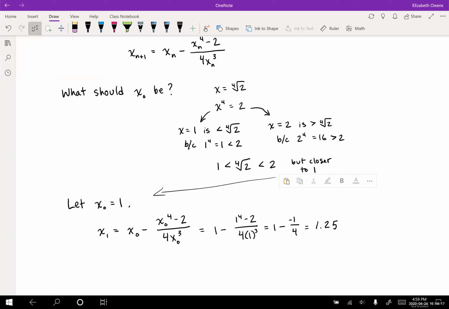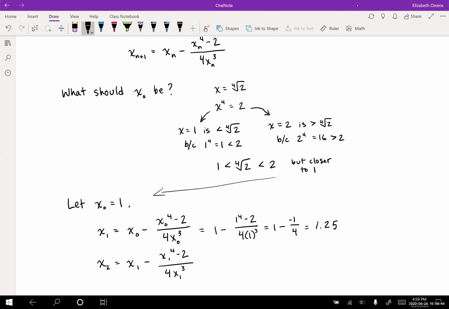Now, when we go and find x2, probably a little bit of a different story. Okay, so x2 is going to be x1 minus x1 to the fourth minus 2 over 4 x1 cubed. And if you really felt like it, you could work this one through by hand, but let's use our calculator here.